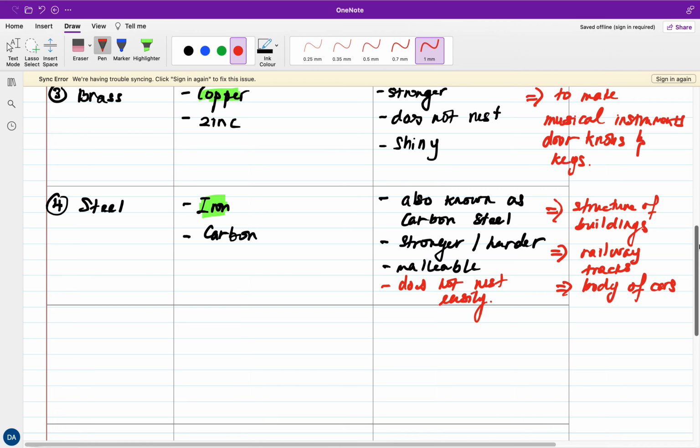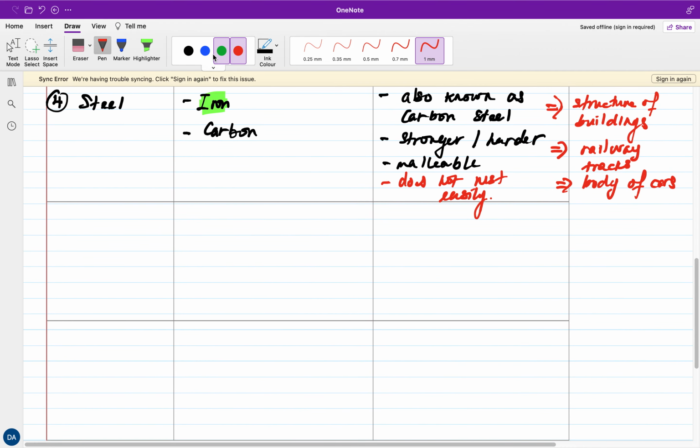Okay, and then next one, number 5, will be stainless steel. Again here the main component will be iron. I highlight the main component. The addition is more than one in this case.